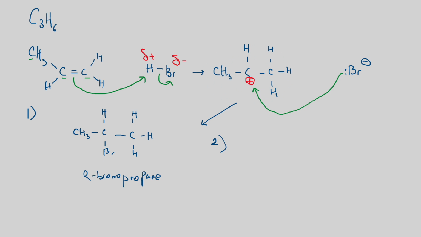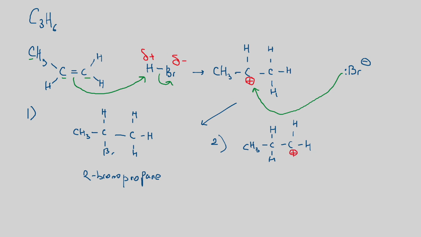In this intermediate, the hydrogen goes to the second carbon. So I have CH3 carbon, hydrogen, hydrogen, carbon, hydrogen, hydrogen. Remember, I added hydrogen on the second carbon, so that's why this carbon will have positive charge.